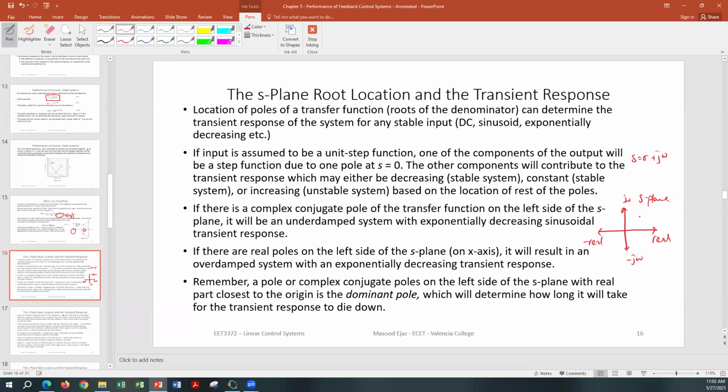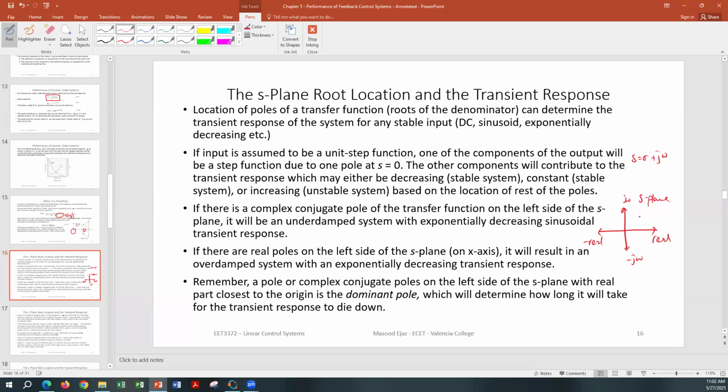So if you understand whether your poles are located in one of those 4 quadrants and how far or how close they are located, then you can understand what the shape of the response is going to look like without doing the mathematical calculations. Of course, mathematical calculations are going to give you the actual values, but as long as you understand the shape, then you can design the system safely without actually going into the mathematical values.